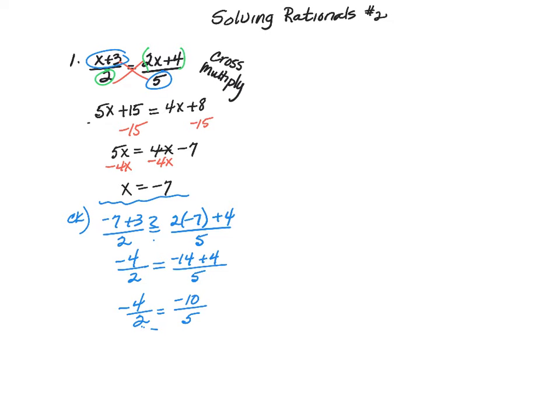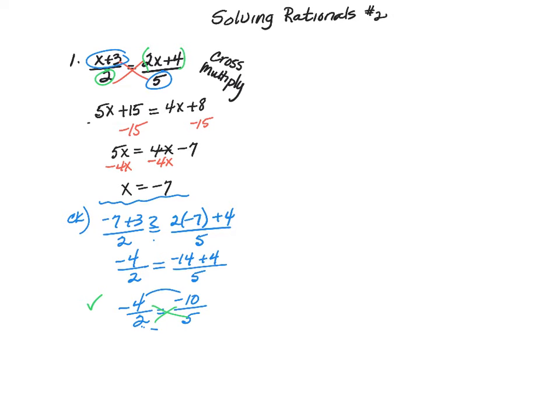Well, that would be 2.5, and if you also multiply here by 2.5, you're going to get negative 10. Another way of considering this is if you cross multiply, you're going to get negative 20 right here, and you're going to get negative 20 right here. Either way, this checks and you're good to go.